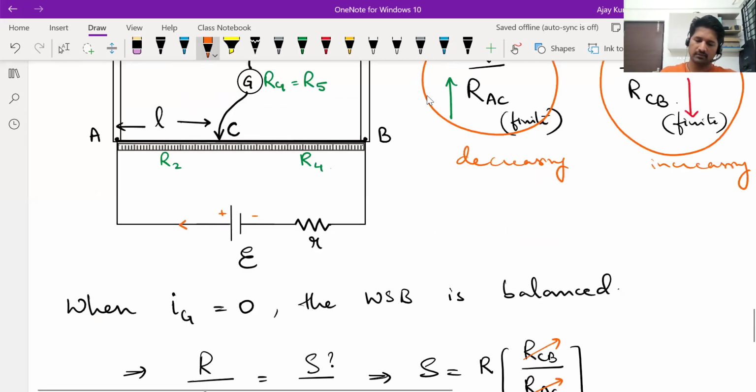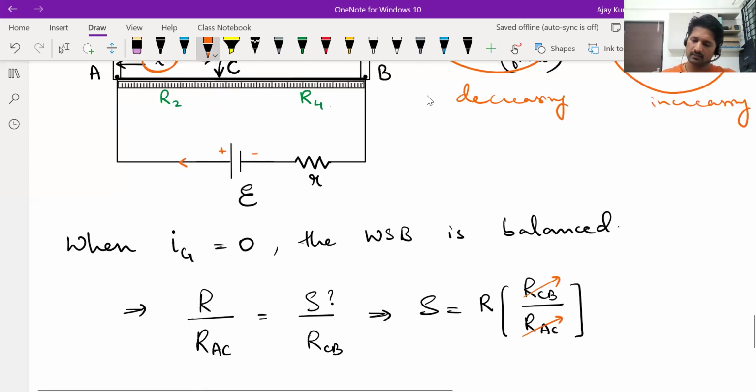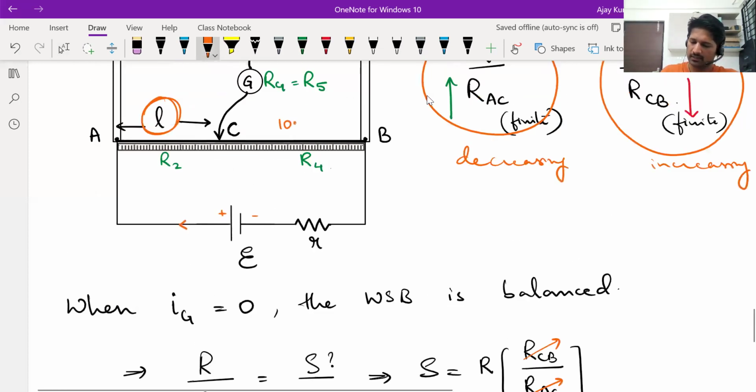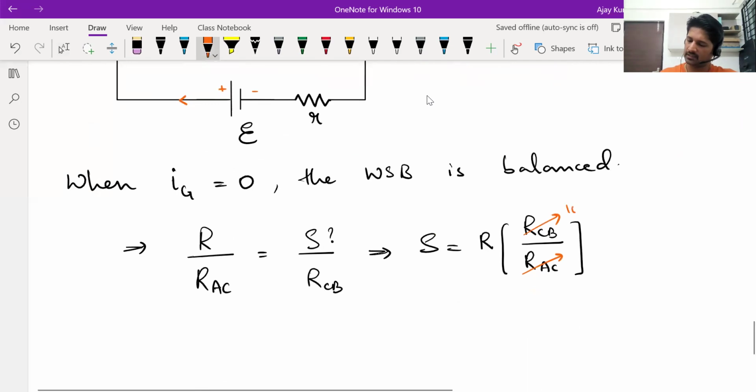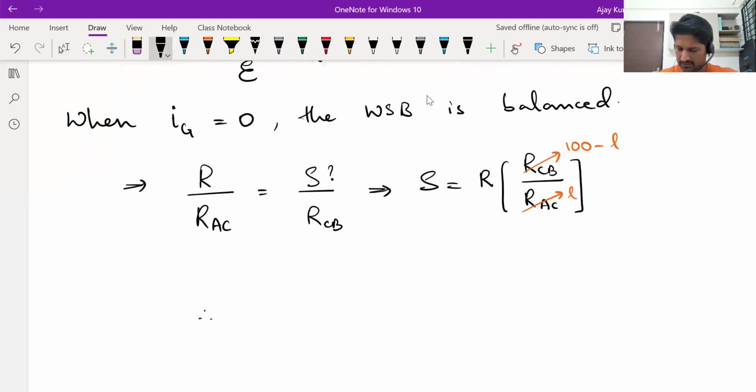A to C, we are taking the length as L. Then C to B, the length will be 100 minus L in centimeters. 100 is in centimeters. L also should be in centimeters. So this becomes 100 minus L divided by this part is L. Therefore, the unknown resistance S becomes known resistance R multiplied with 100 minus L divided by L.